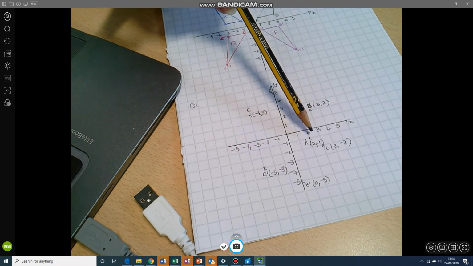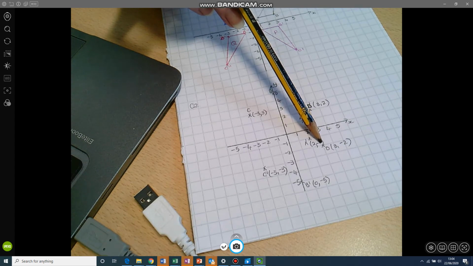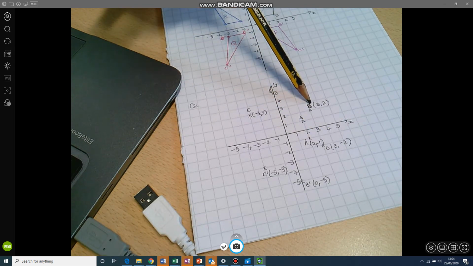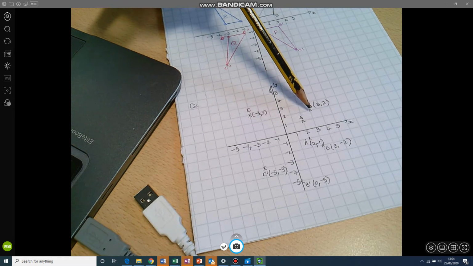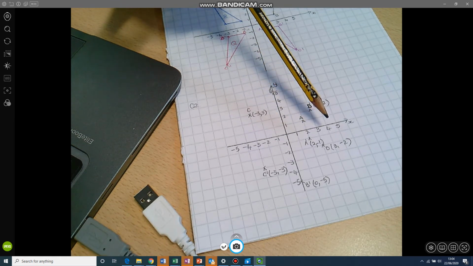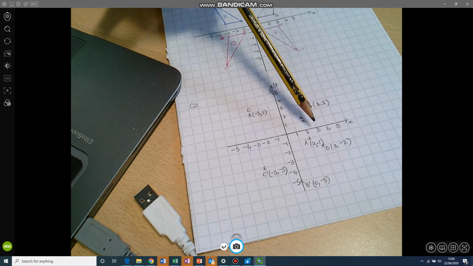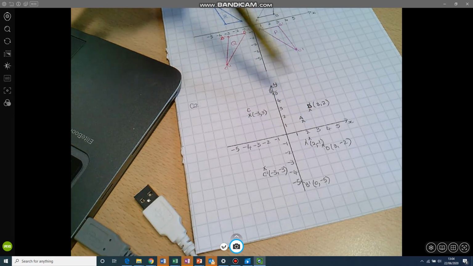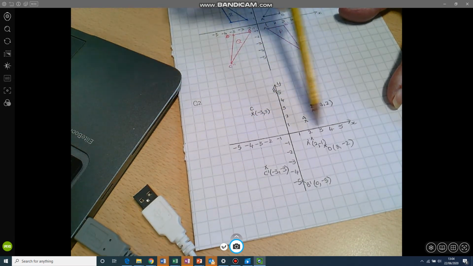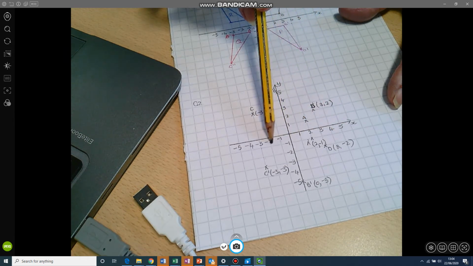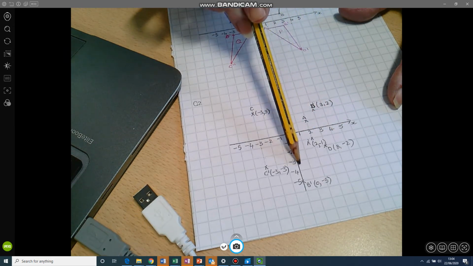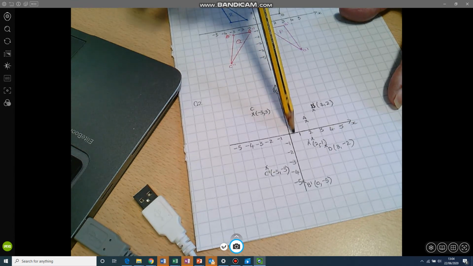And then D, (3, -2), and then reflection in the x-axis becomes (3, 2). So what happens when we reflect in the x-axis is our y-coordinate changes, and we can see that. Even though we're reflecting in the x-axis, because the x-axis is our mirror line, it's actually the y-coordinate that's moving up and down.